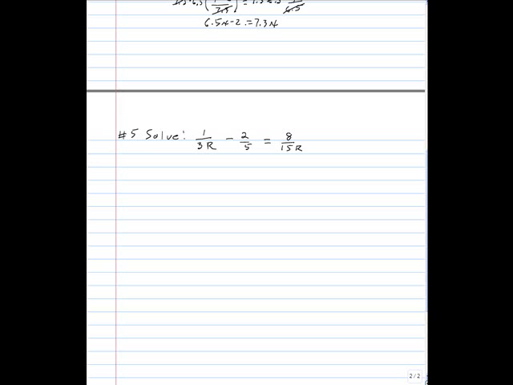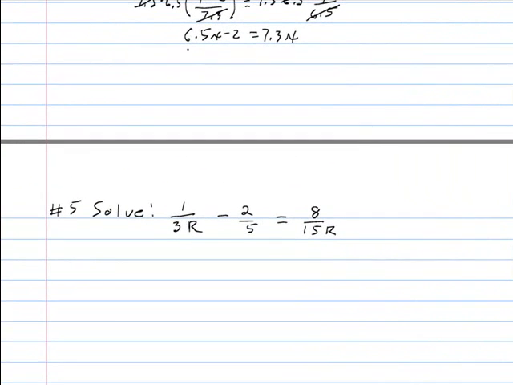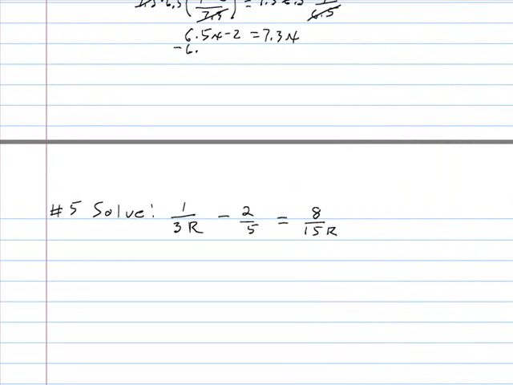When there's two x's and I'm trying to decide which side to move x to, I pick on the little guy. Here 6.5 is littler than 7.3. That's the one I'm going to get rid of. So minus 6.5x minus 6.5x. And on the left I have negative 2, and on the right I have positive 0.8x. I now divide both sides by positive 0.8.